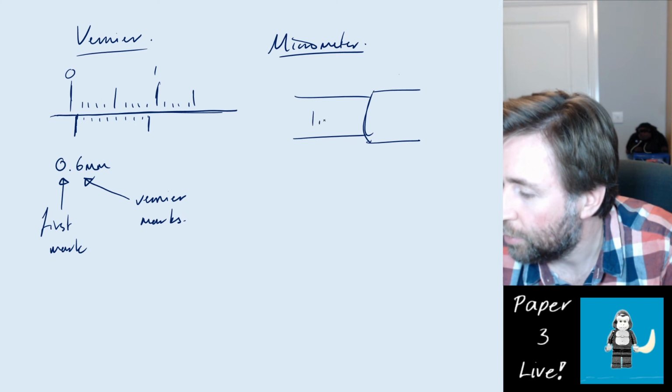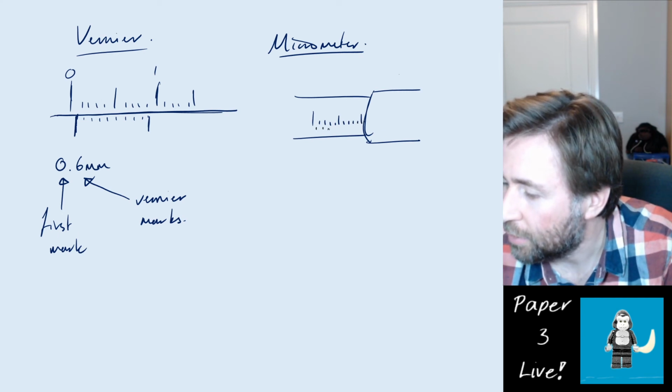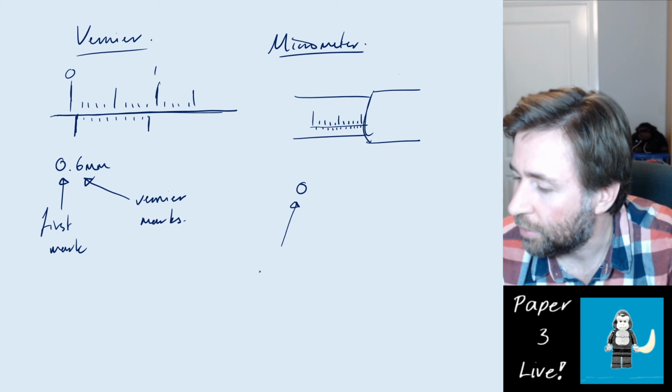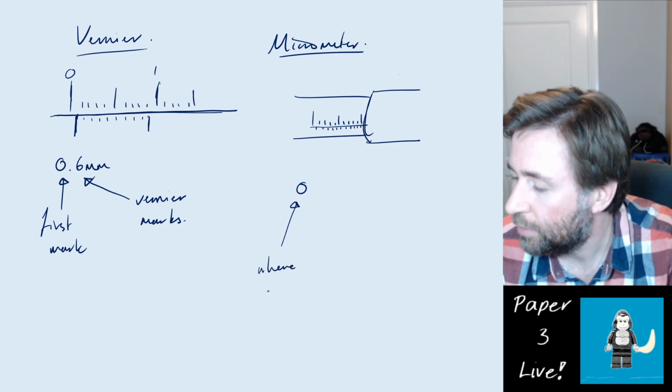The values on the barrel are typically whole millimeters and then half millimeters underneath. There's a little line through the middle. So what you do is you look where the drum has passed, and that gives you your first number.